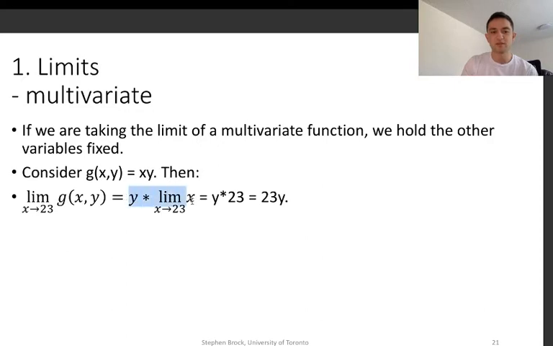The reason we can do this is because y is not affected by x, and we are only considering the limit as x approaches 23, right? Because as x approaches 23, it's just 23, we can plug that value in and we get 23y. However, if x was approaching infinity, then we would have y times basically infinity, and that would just be infinity.